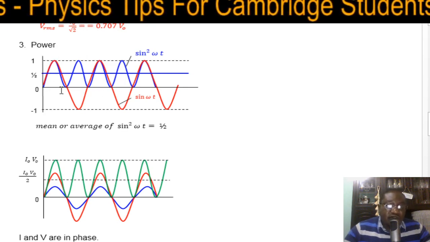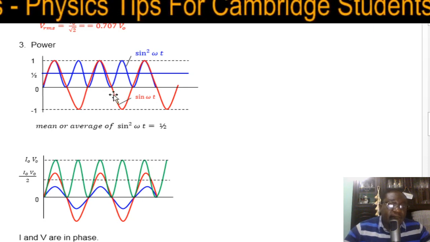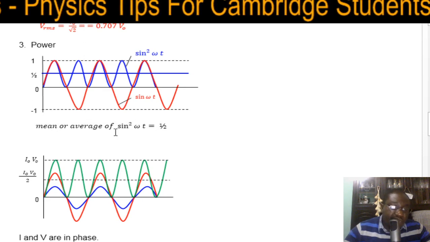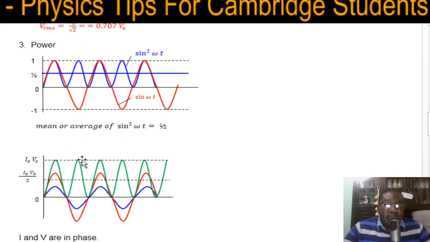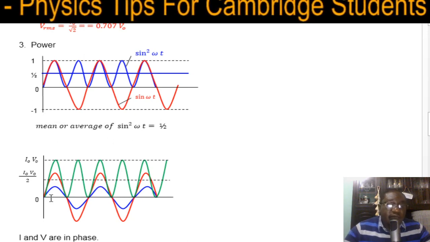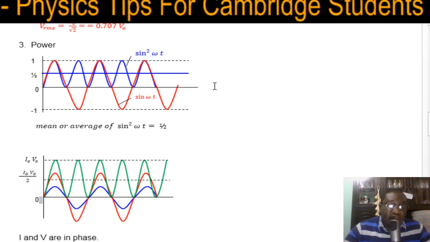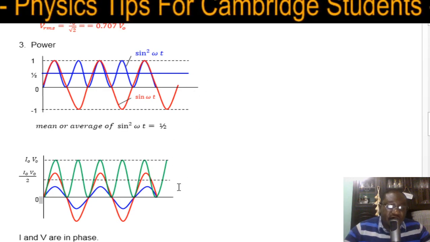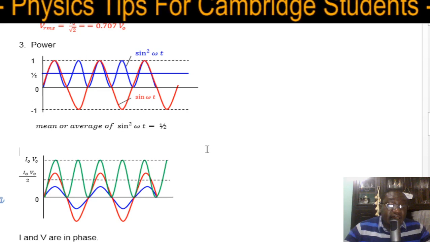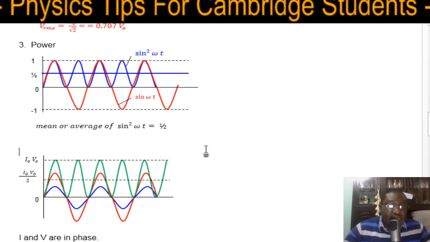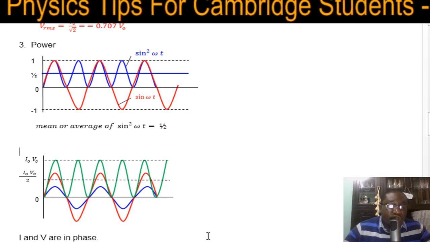But in this case, it's not V squared because it's going to be V times I. So the power then becomes sine squared. Now, I think this one gives you a better grasp of what I'm trying to say. Let's ignore this one and focus on this one. Like I said, the green one is the power, the red one is the voltage, and the blue one is the current.